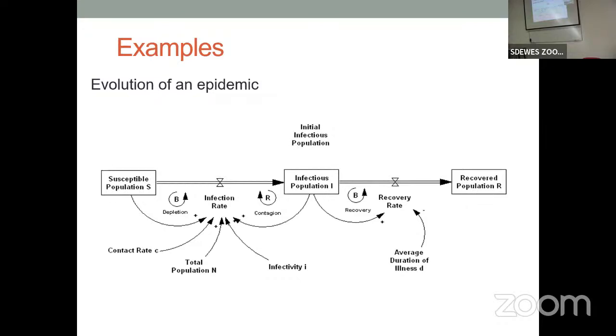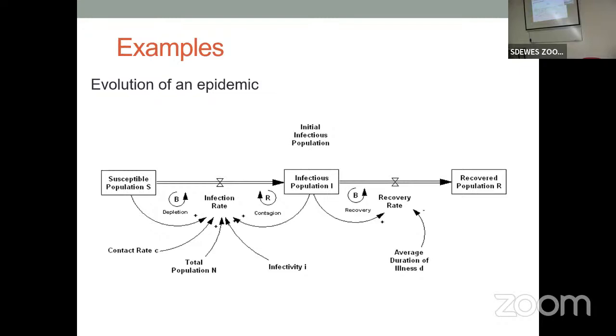So one stock will be the people that are susceptible to be ill. So susceptible population is one stock. Another is the people that are already infected, infectious population, and the other stock will be the recovered population.